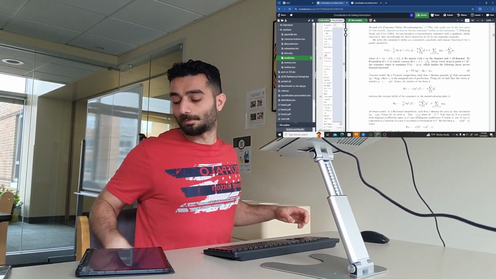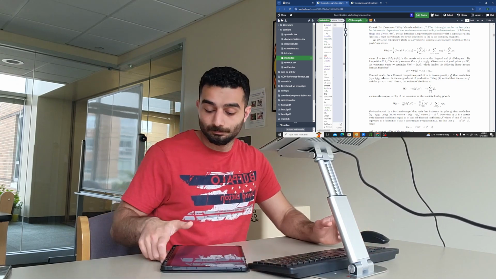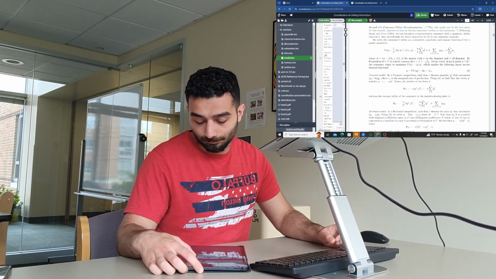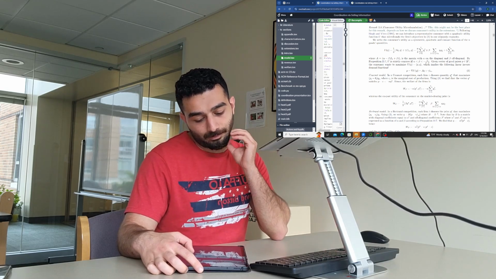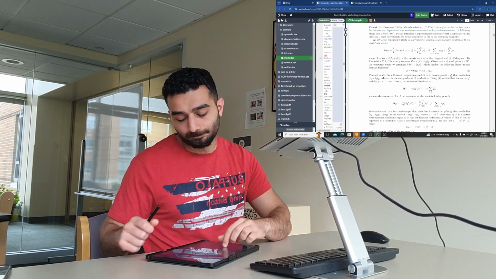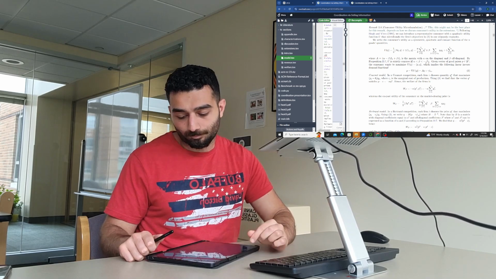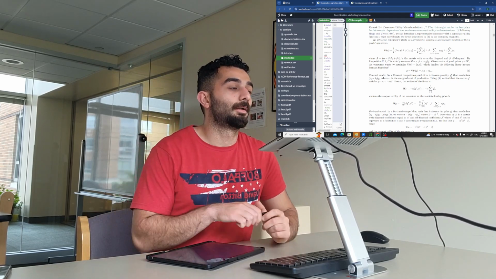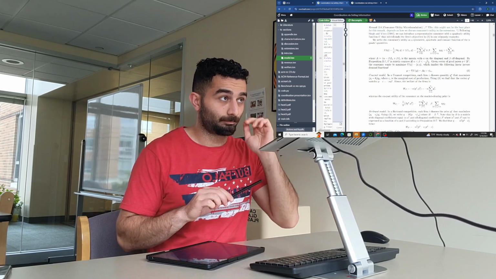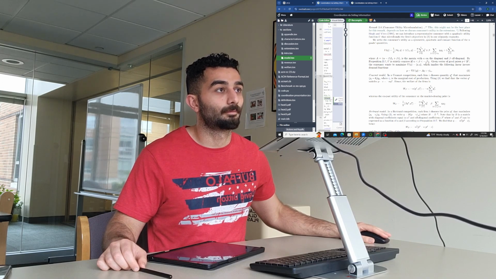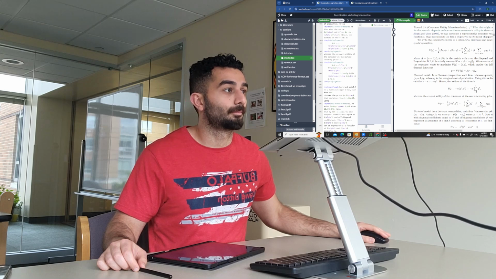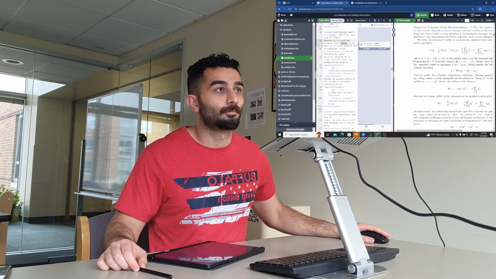So AQ plus gamma 1n should be this Pi function.